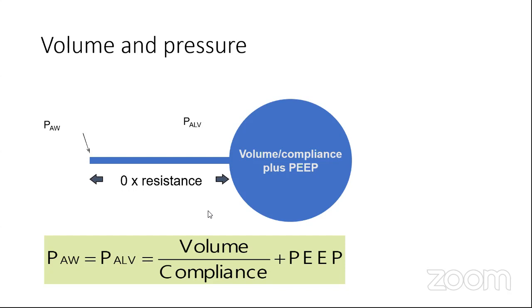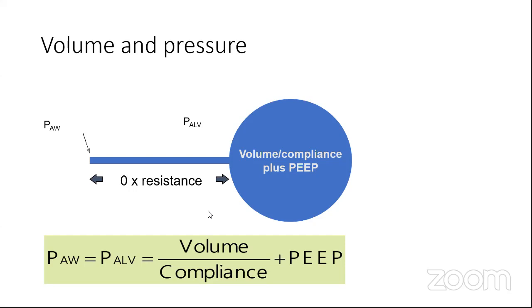This is the pressure that is needed to keep the alveoli open only, because flow here is zero, and multiplication of zero by the resistance will end in zero. So it will only end with the volume and compliance, and PEEP as the parameters. We call this the alveolar or the plateau pressure, and you will find that this is the most important pressure that we are interested in.